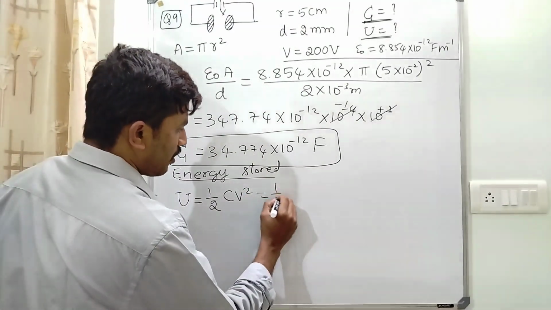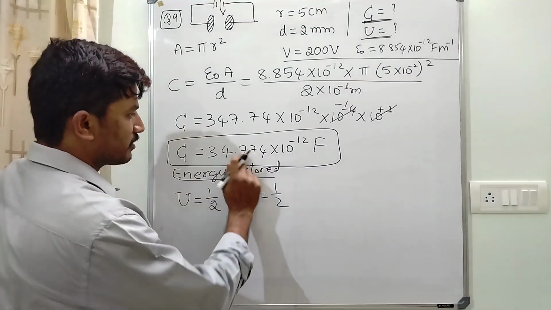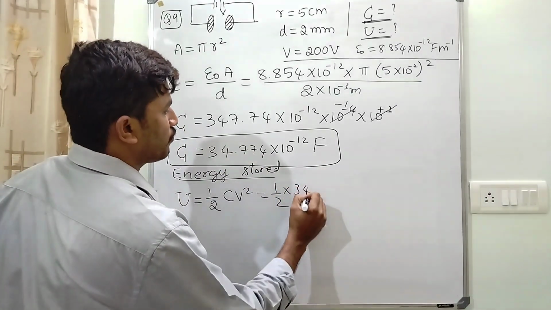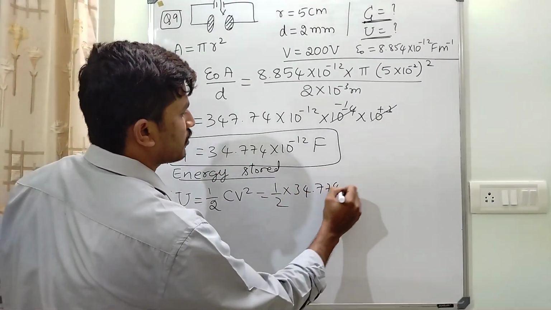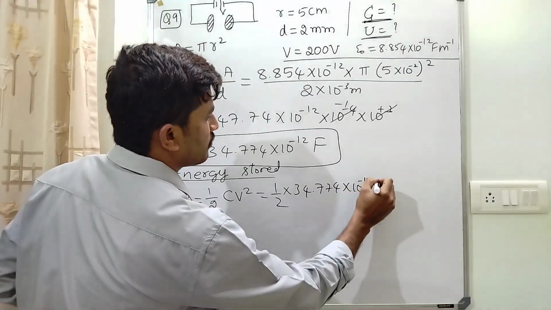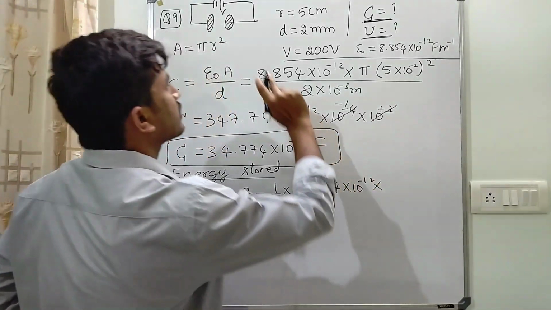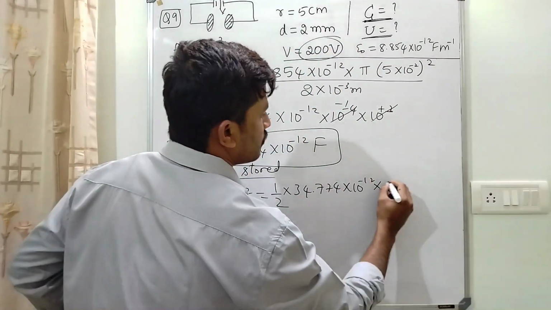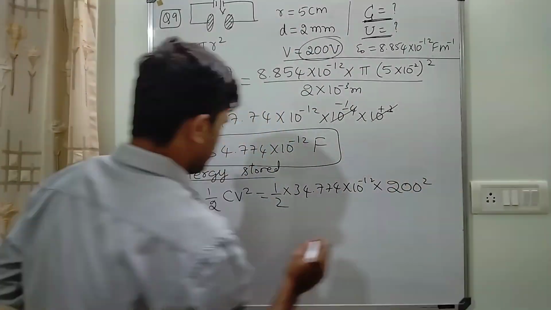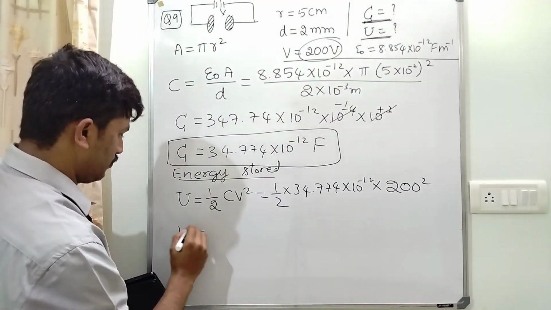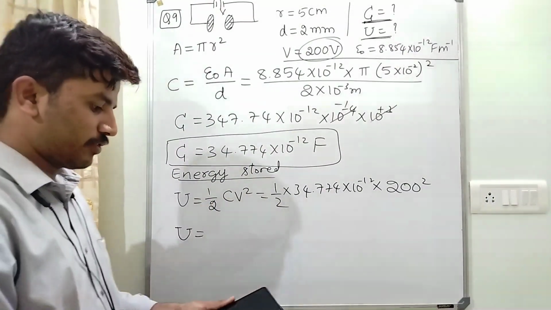That is equal to half, C value is 34.774 into 10 to the power minus 12 into V square, 200 square. So U is equal to, let me calculate this value.